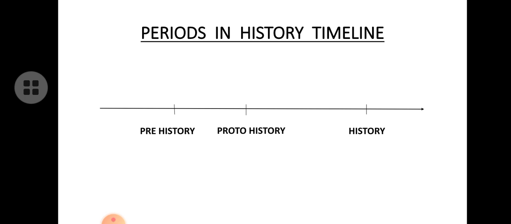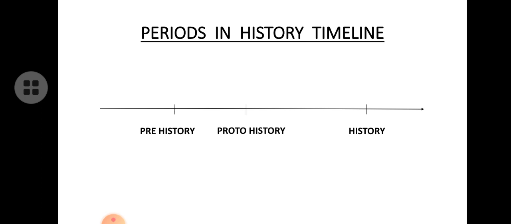Now man started to develop his knowledge, but still he was not familiar with writing, and no written records were found. So that particular period is called proto-history, a period in between the prehistoric period and the historic period.